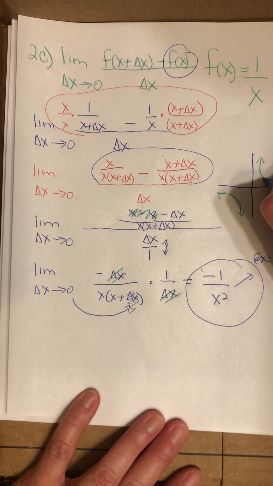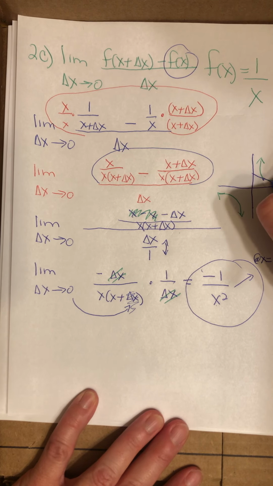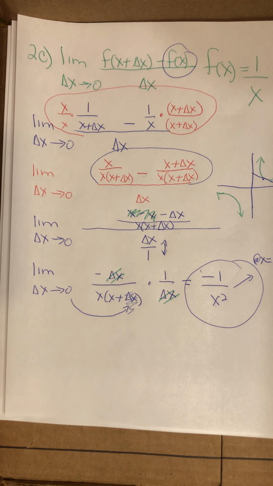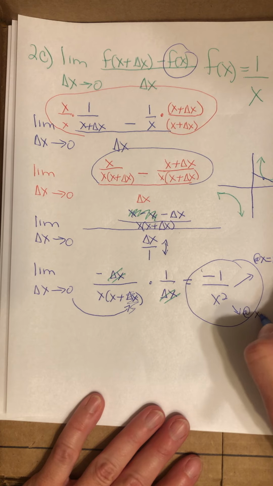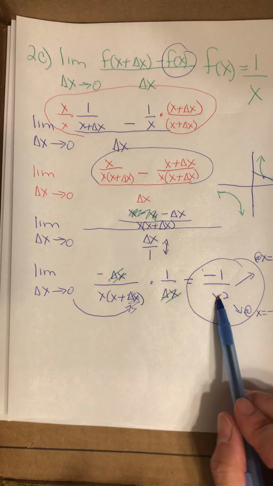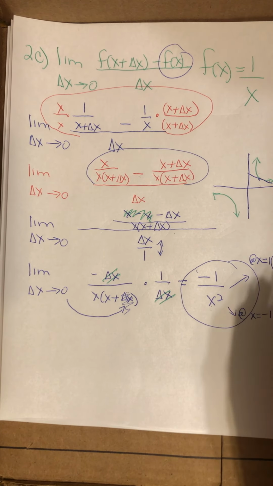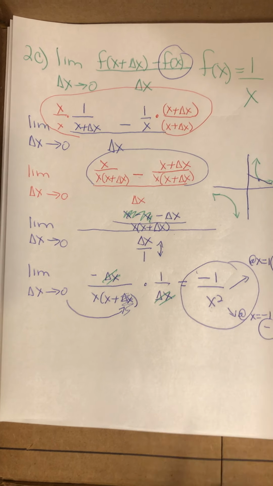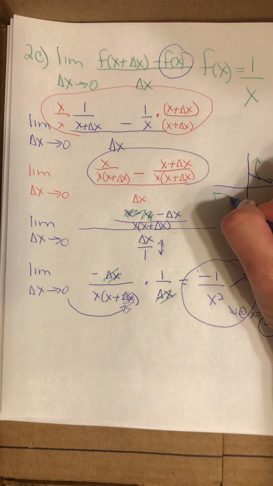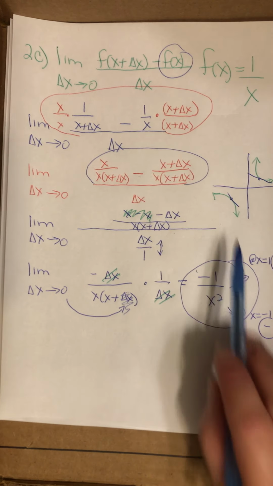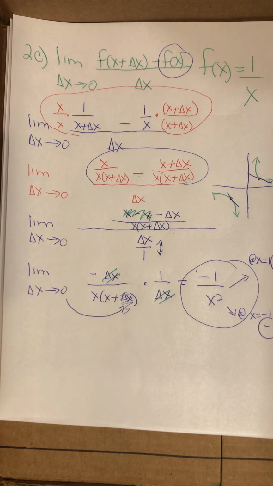Notice when I go to where x is 1 on the function and I draw a tangent line, that slope really does seem to be a negative 1. Let's check where x equals negative 1. Notice when I put a negative 1 in and square it, I still get a negative 1 out for the slope. And when you take a look at this function where x is negative 1 and you draw a tangent line, it does have a slope of negative 1.